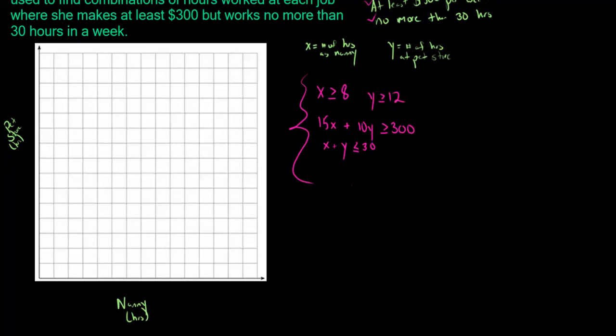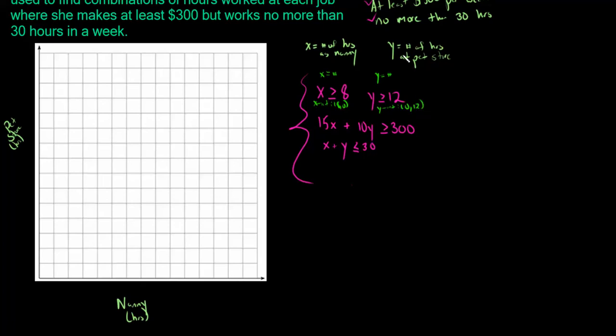Now for this inequality, this is just going to be a vertical line with the x-intercept of (8, 0). Whenever it's x equals some number, that's just a vertical line. Whenever it's y equals some number, that's a horizontal line. So this is going to be a horizontal line with a y-intercept of (0, 12), okay?